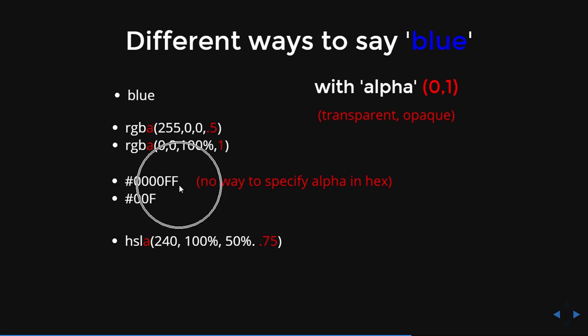There's no way currently to express colors with alpha in hex. The way we manage this in CSS is we express the color in hex, and then we set a separate property called opacity. HSL also has a version, HSLA, which has 4 arguments where, again, the last argument is alpha in the range of 0 to 1.